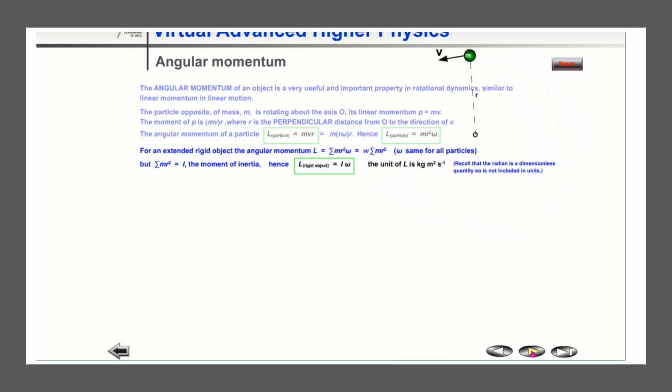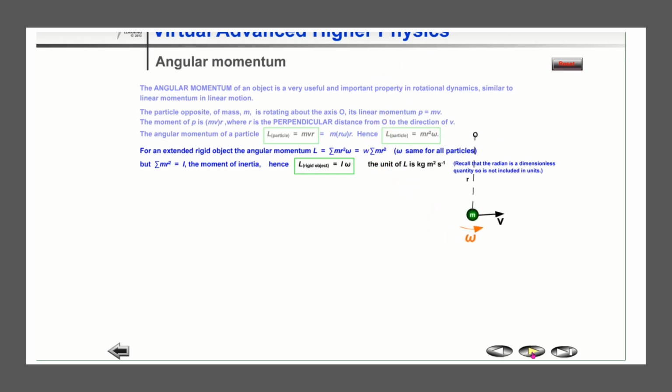All particles on your rotating object must be rotating at the same angular velocity. But we know that the sum of mr squared is equal to I, the moment of inertia. So by substitution, we can say that L of your rigid object is equal to I omega.